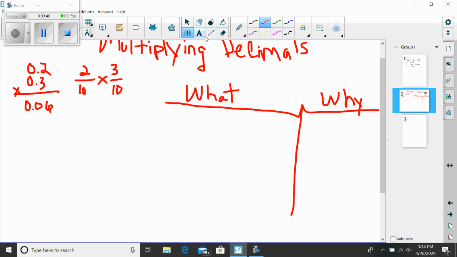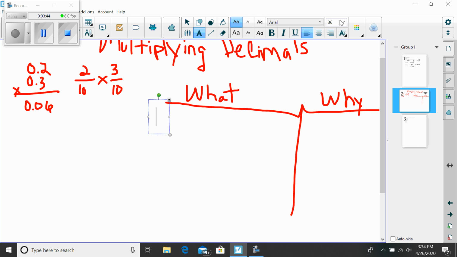Okay, so what we teach kids to do is we tell them to take the two numbers and multiply as if they're whole numbers. Okay, so that's step 1 that we give them.